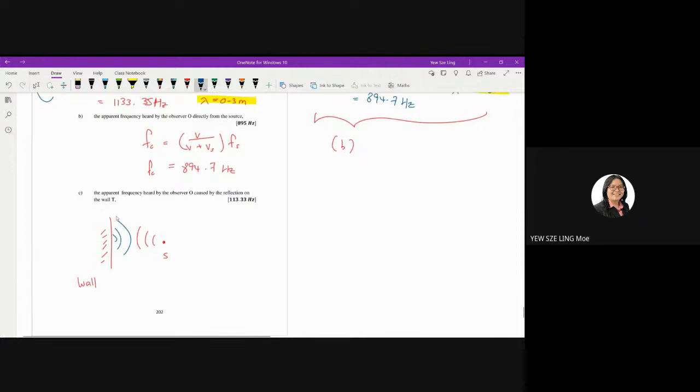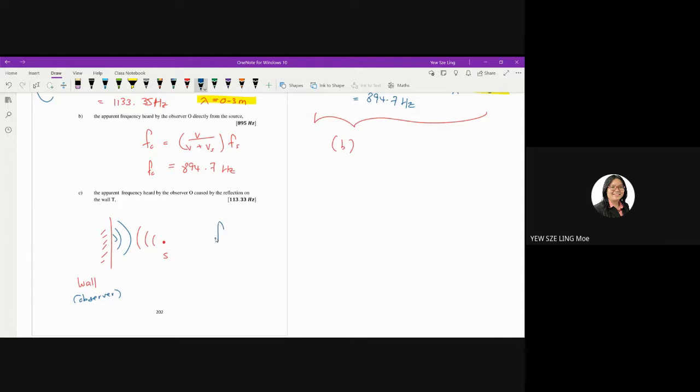So now we have an observer on the left-hand side. Now, observer doesn't mean that it must be a living thing. The wall can be an observer as well, as long as it is the item that receives the sound wave. It doesn't mean that the observer must be human. So in this case, our observer is the wall. The wall is acting as observer.